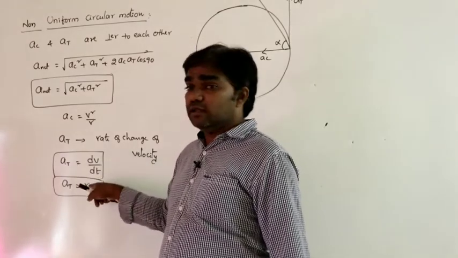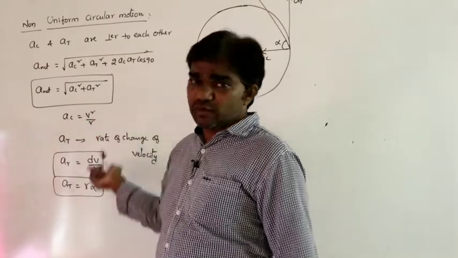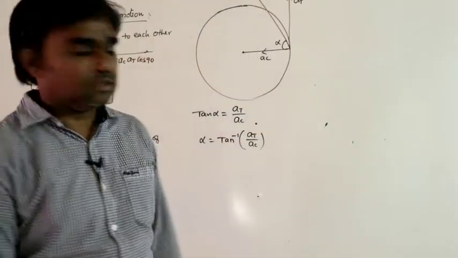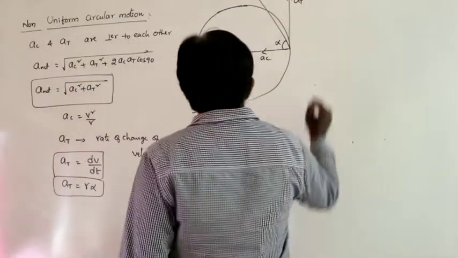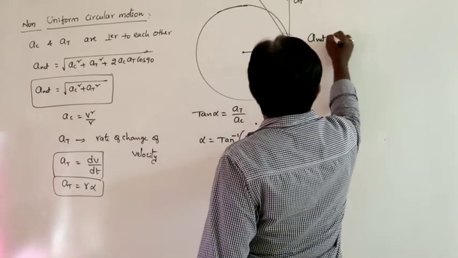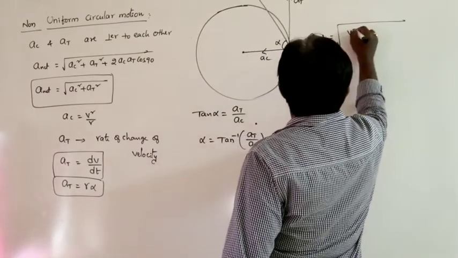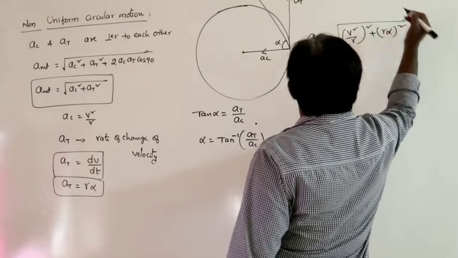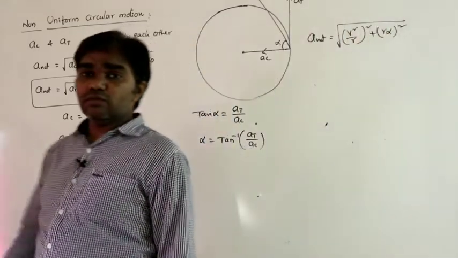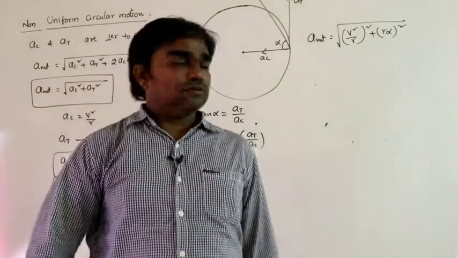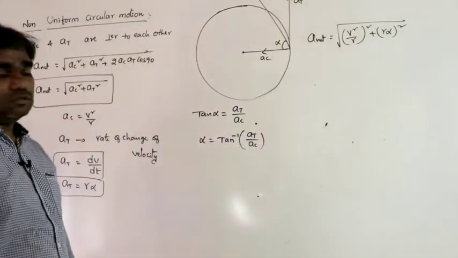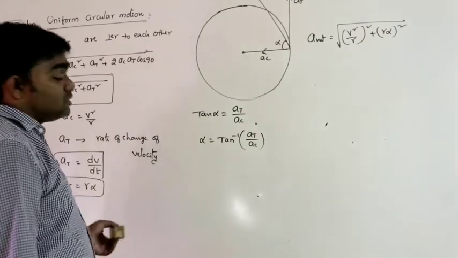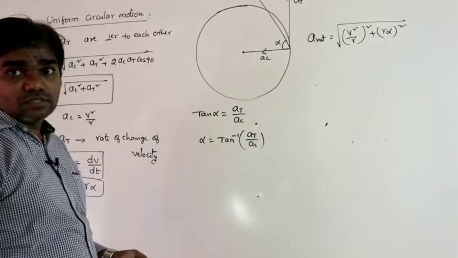But the centripetal acceleration formula is V square by R. There is no change in that. So based on this, net acceleration can be written as square root of (V square by R) whole square plus (R alpha) whole square. So that is the net acceleration in case of non-uniform circular motion.